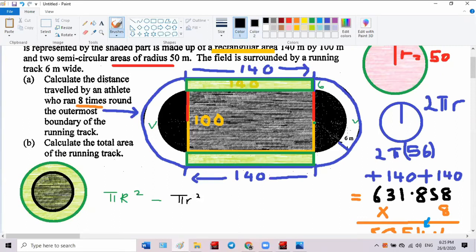What is the radius for the small one? Anyone tell me? The black color radius is how much? 50. 50, yeah? I already told you.